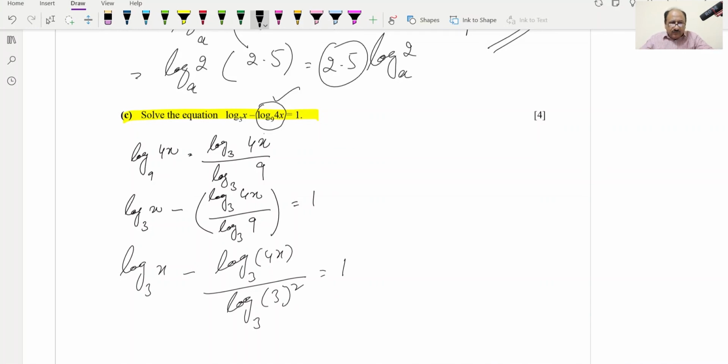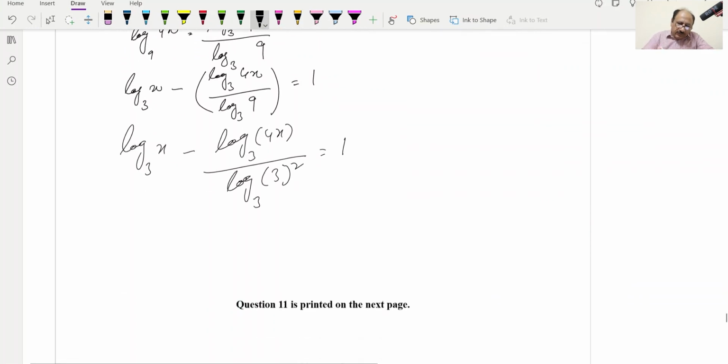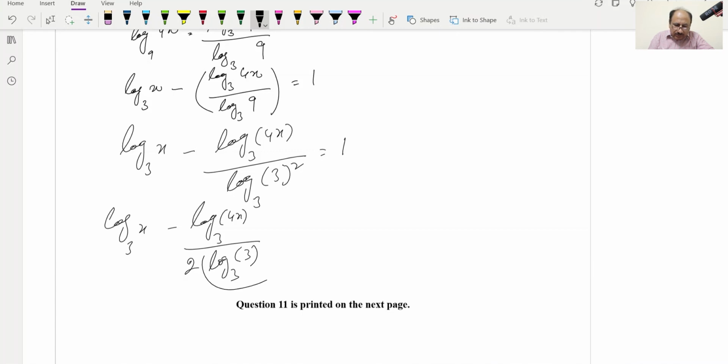Now we know the power can be pulled out front. So log of 3x minus log of 3 of 4x over 2 log of 3 of 3, and this portion is equal to 1 by rule.